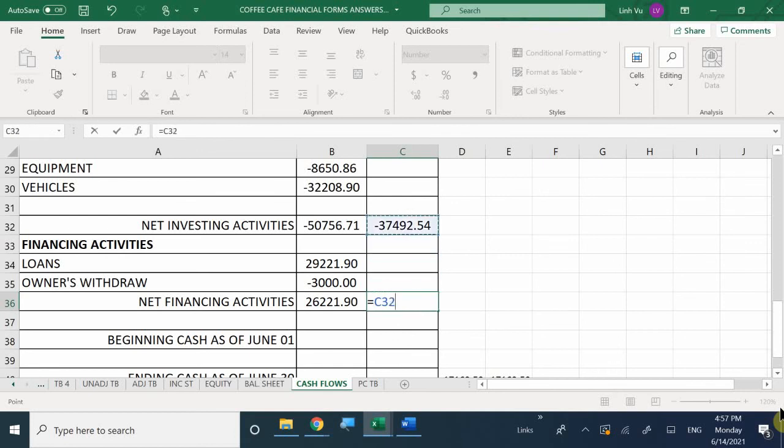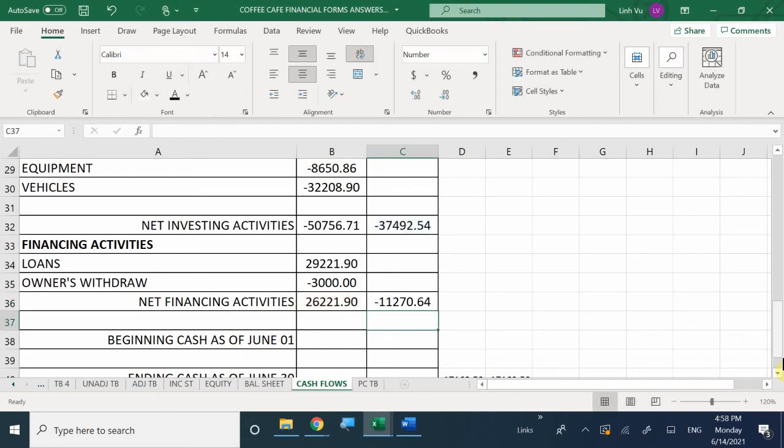And then let's counter it against my net numbers. So what should be my total net financing now? Negative $11,270.64.